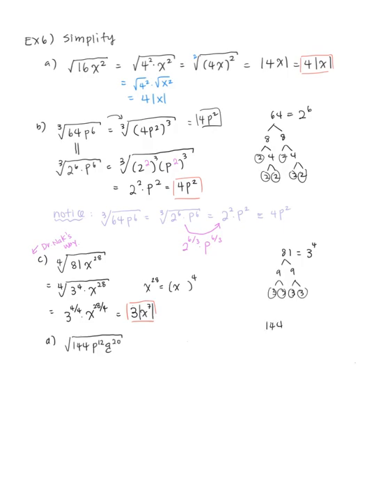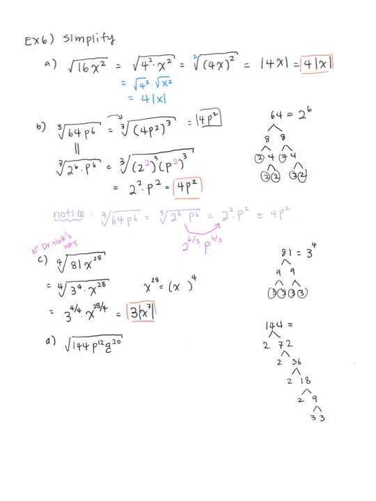Here's your 144. It's even, so 2 is going to go in no matter what. If I divide that by 2, we get 72. Now divide that by 2, 36. That's still even. Divide that by 2, 18. Then divide that by 2, and we get 9, and then here comes 3 and 3.